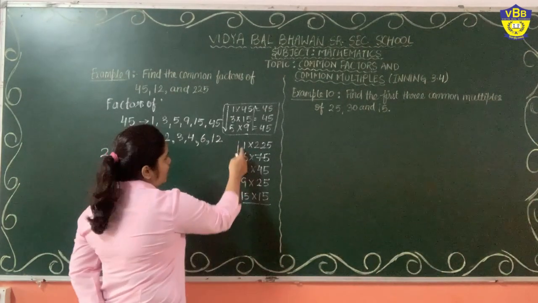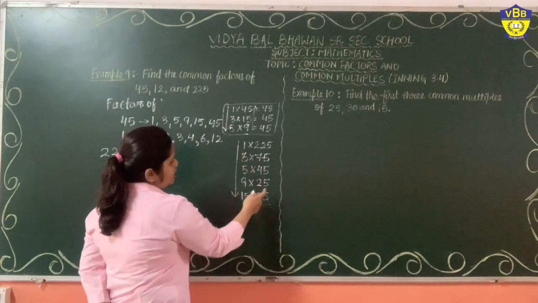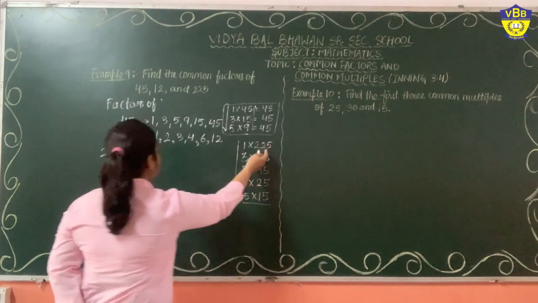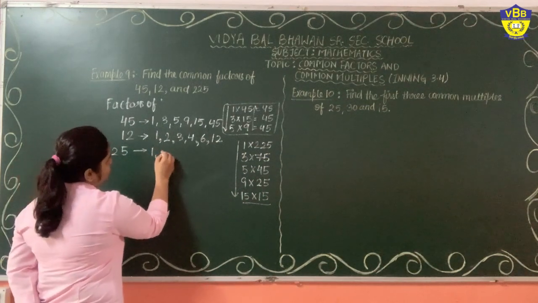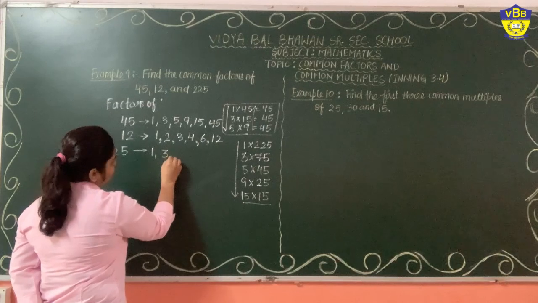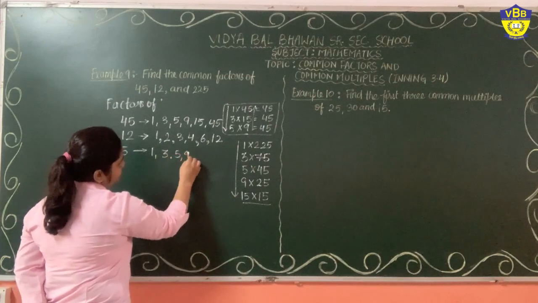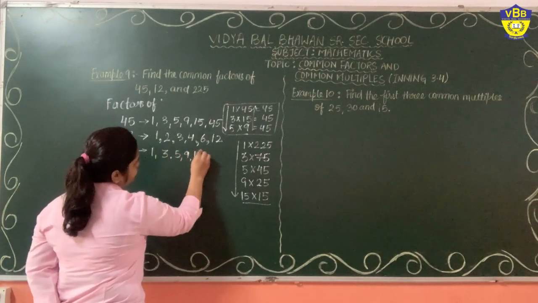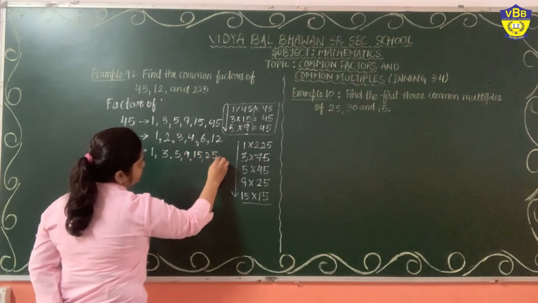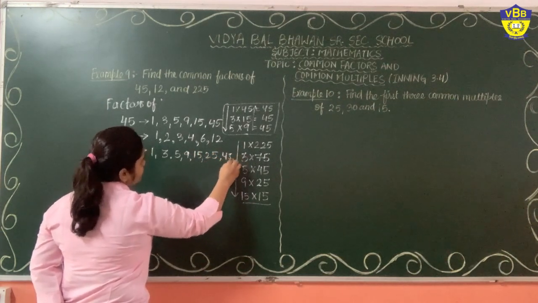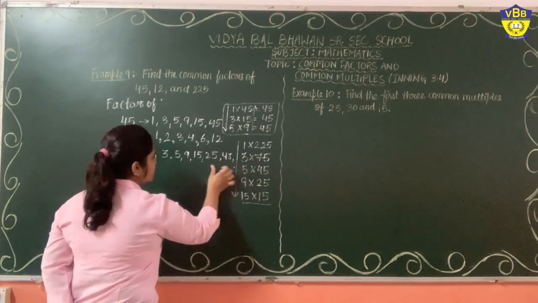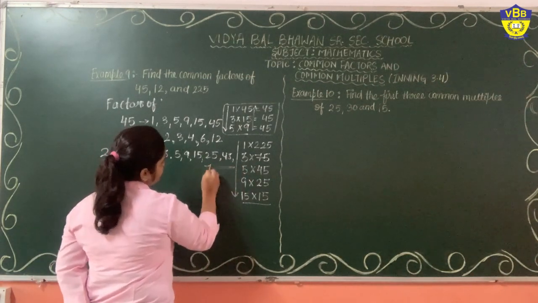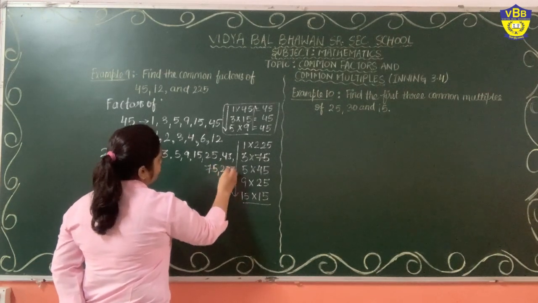So 1, 3, 5, 9, 15, 25, 45, 75 and 225 are the factors. Write it down: 1, 3, 5, 9, 15, 25, 45, 75 and 225.